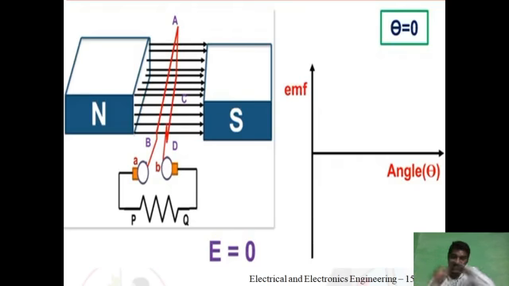But in this particular instant, no flux is cut by the conductor, because the components of velocity comes in parallel to the lines of flux. Okay, therefore I can start the analysis. What is EMF induced? It is 0.